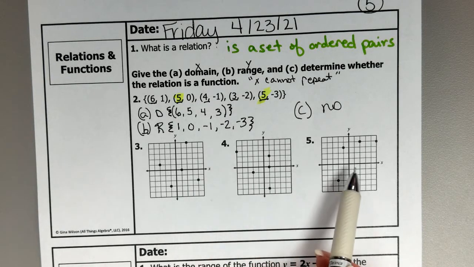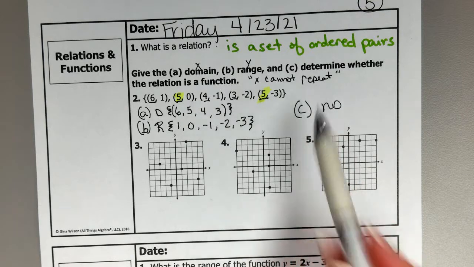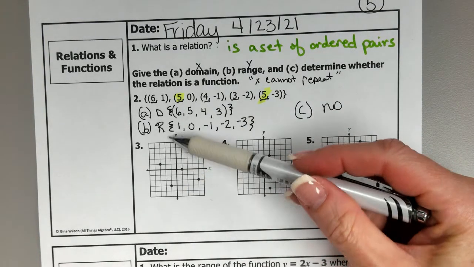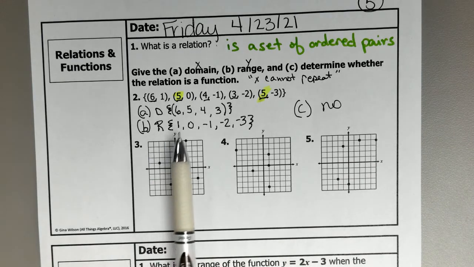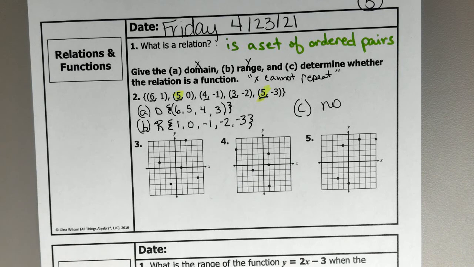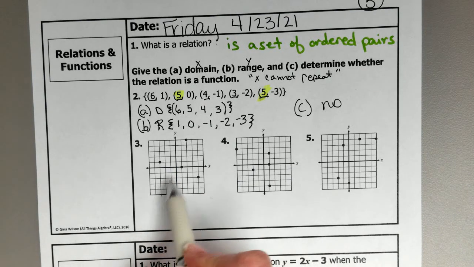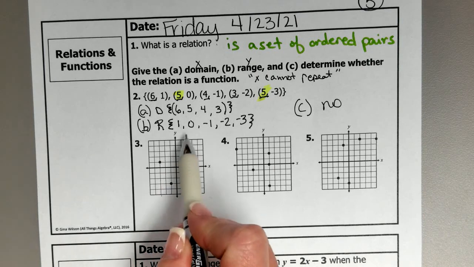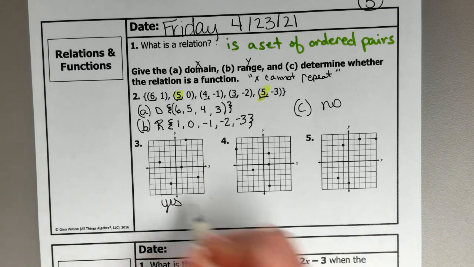Right, then when they're graphed, you're still looking for, does an X coordinate repeat? So now we're going to use that vertical line test. When we did this lesson, we talked about if you took your pencil and laid it vertically on the graph, would the pencil touch more than one point at a time? So if you look at this, nothing else is lined up. We're good, good, good. So yes, that is a function.